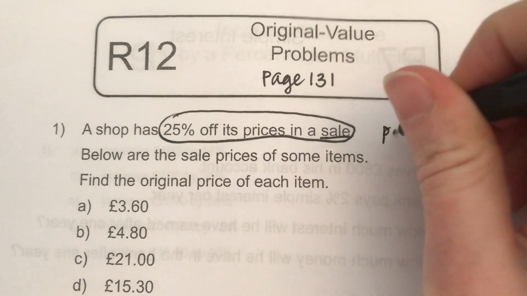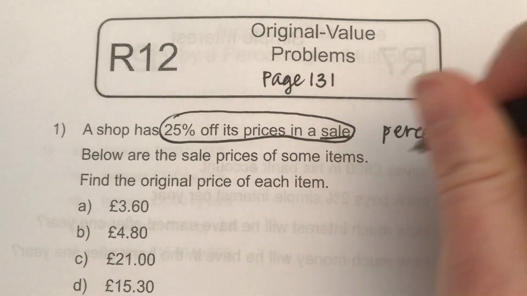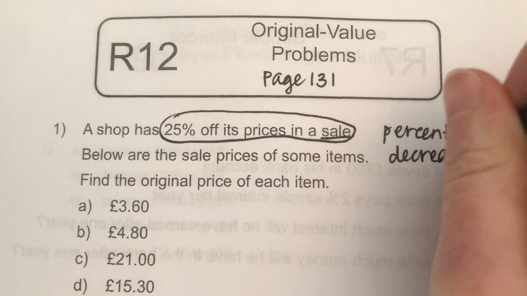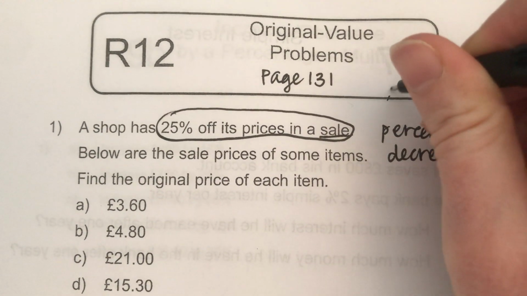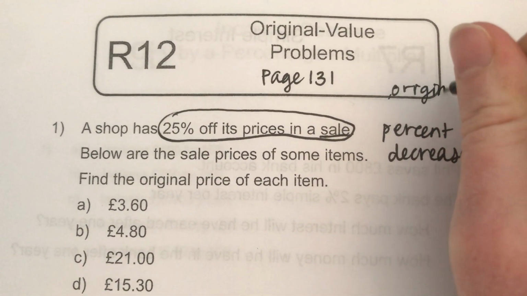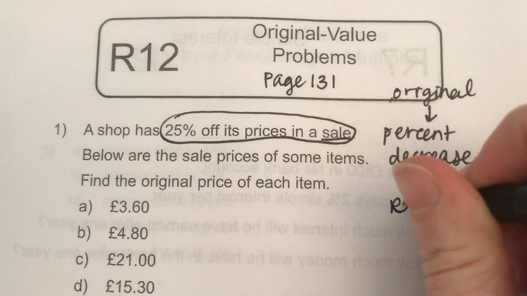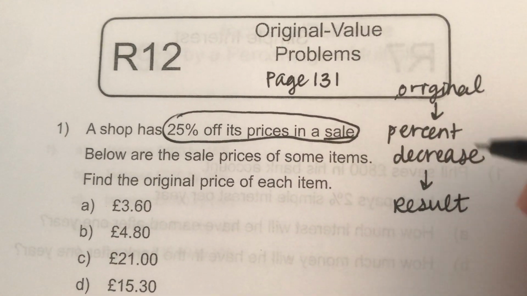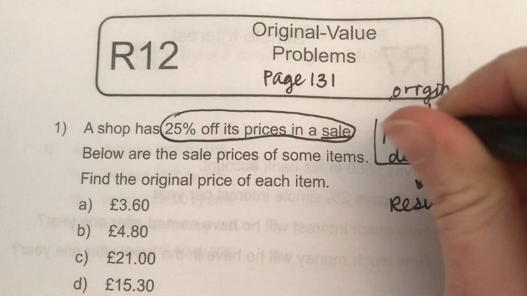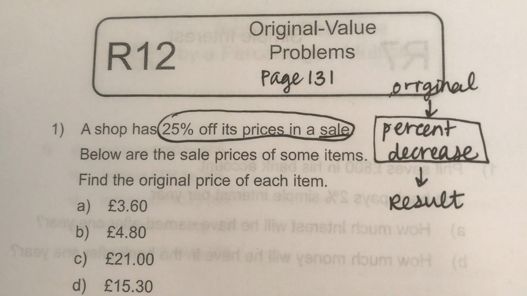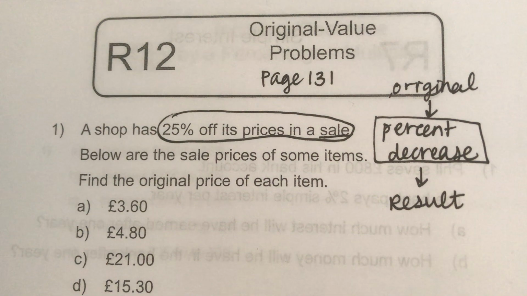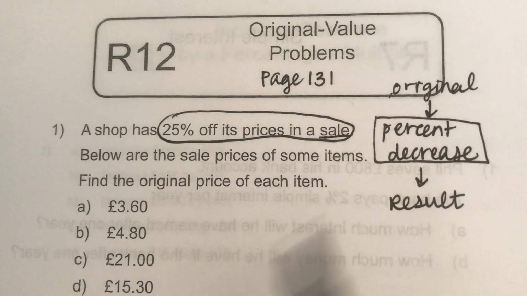So we're talking about a percent decrease here from the original to the new. We go from the original, do a percent decrease, and then come up with the end result. A sale means something is becoming smaller, which means the price is decreasing. So that's why we say decrease.